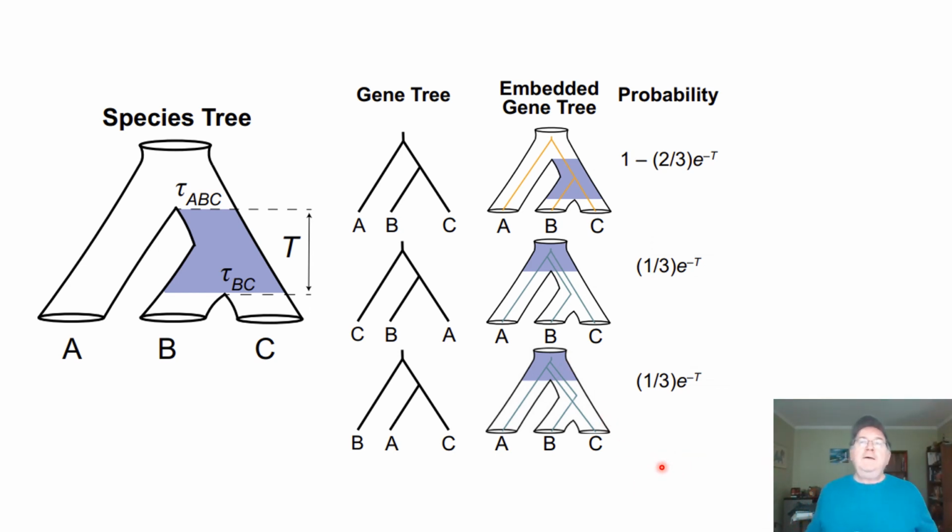So this leads to two things. First of all, the problem of incomplete lineage sorting may be particularly important when we're talking about recent speciation events, recent evolutionary events.